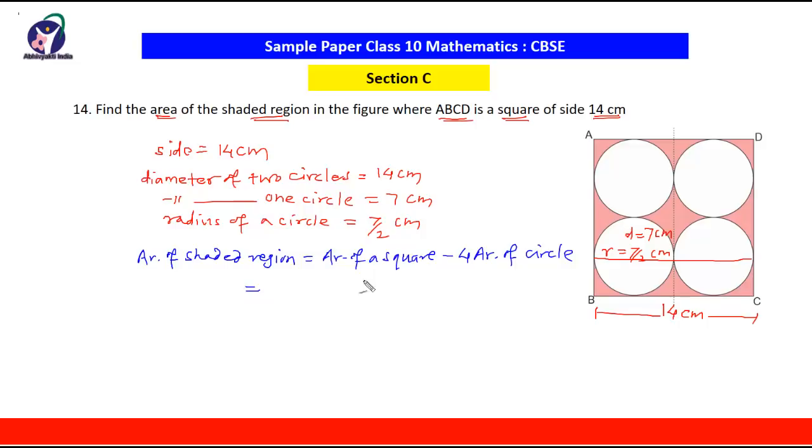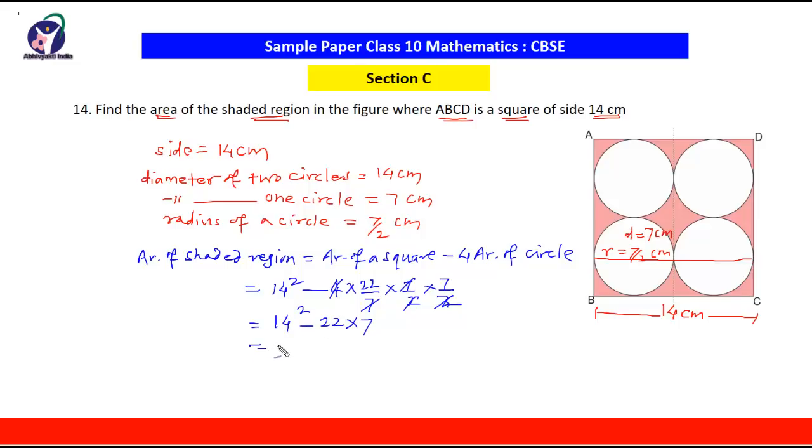So which is equal to area of square, that is side square. So it will be 14 square minus 4 into area of circle, that is pi r square. So into pi means 22 by 7, r square, that is 7 by 2 into 7 by 2, and so the 7 and 7 will get cancelled. 2 2s are 4 and this 4 will cancel, and you will get 14 square minus 22 into 7.